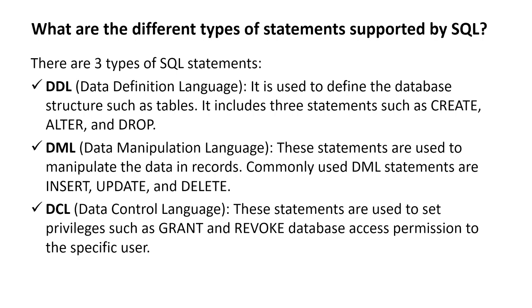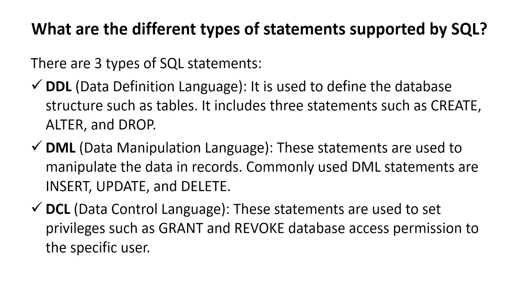What are the different types of statements supported by SQL? There are three types of SQL statements. First, DDL, Data Definition Language. It is used to define the database structure such as tables. It includes three statements: create, alter, and drop.